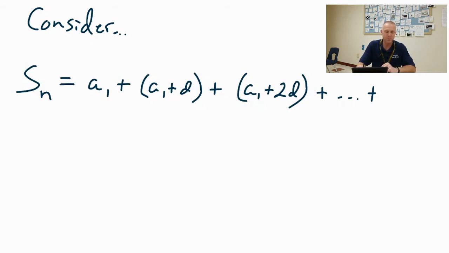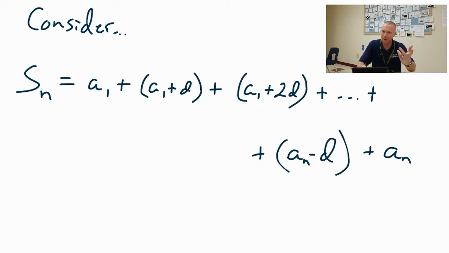And I want to work backwards with you because what would be my nth term? Well, it would just be a sub n. But what about the term before the nth term? Well, it would be a sub n minus 1 common difference. Well, what about the term before the last term? It would be a sub n minus 2 common differences.